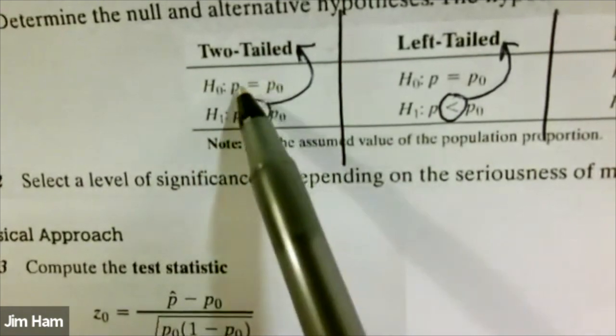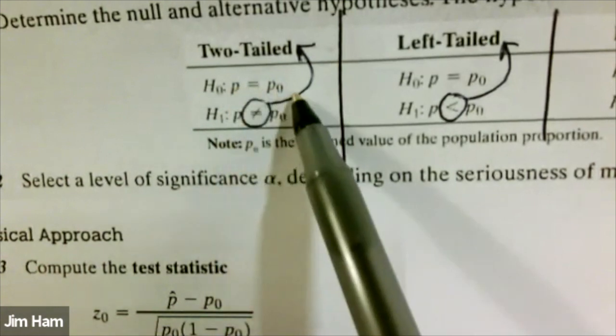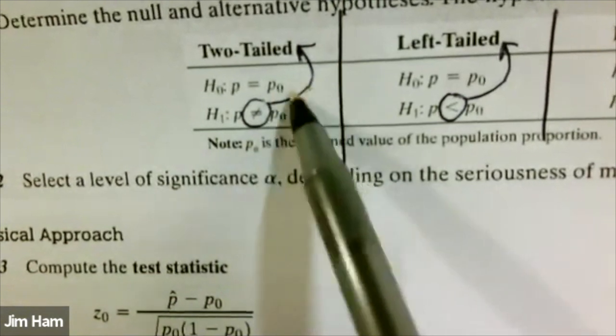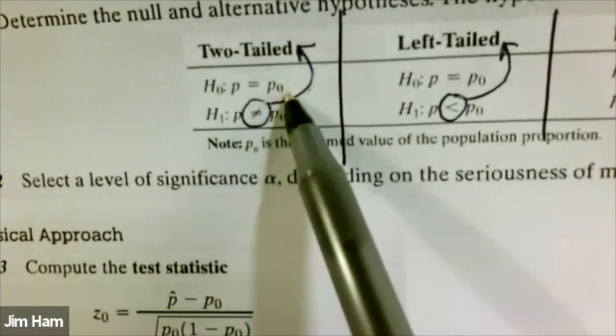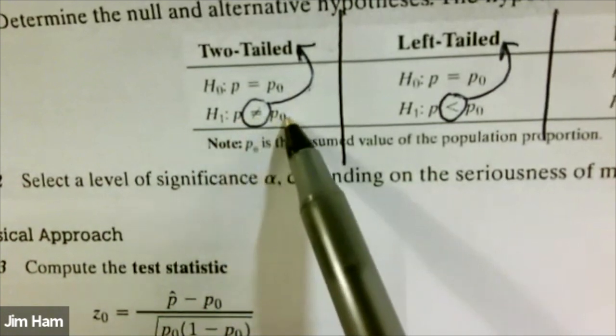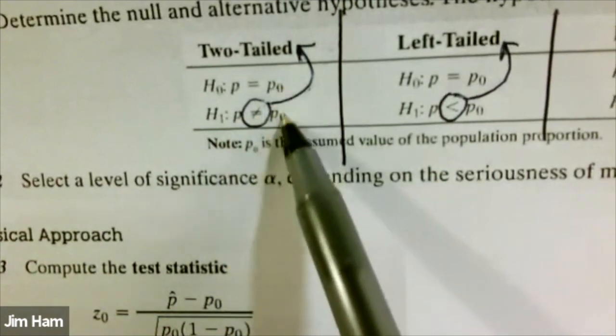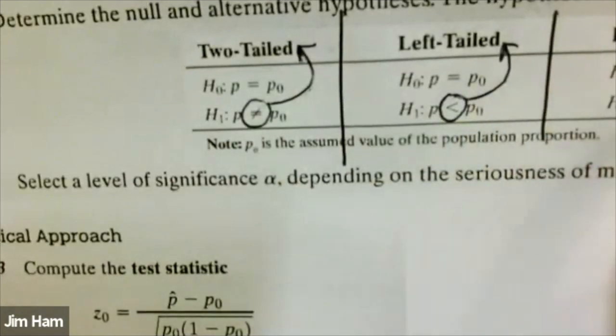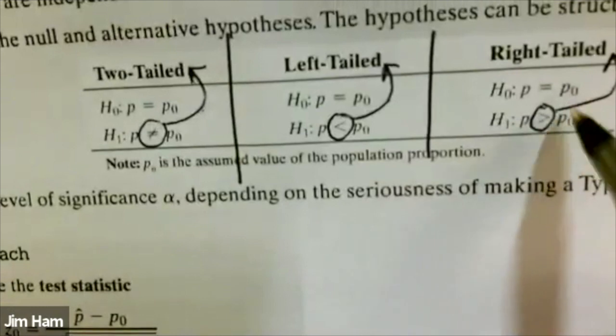So I think in one of them, you had P equals 0.61. So you're actually going to put a number in here and not the P0, but the P0 can represent the number that corresponds to the claim. And then P is not equal to 0.61. So the P0 in all of these will be replaced with a number once you get a specific problem. Right now, they're just saying in general, P0.